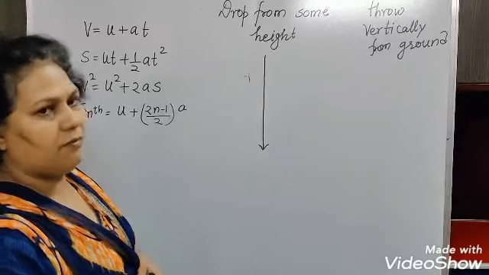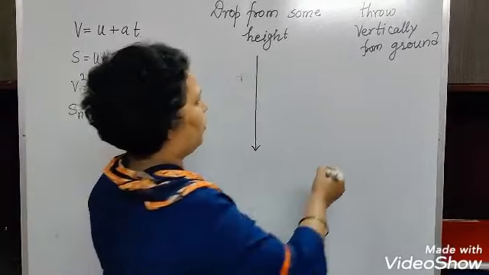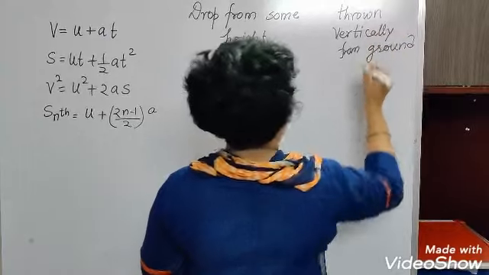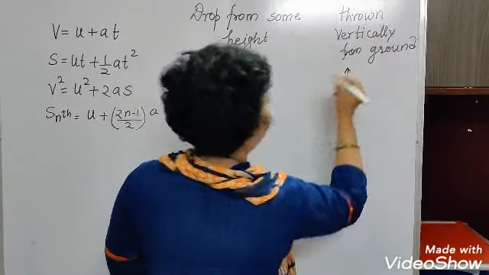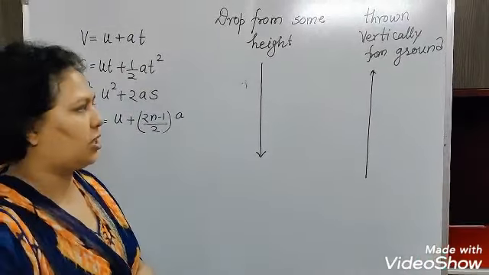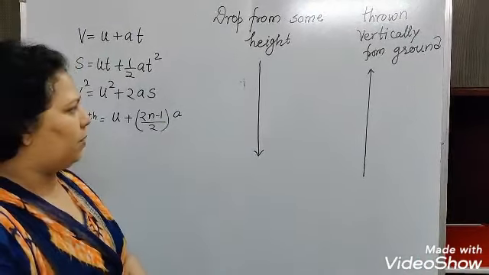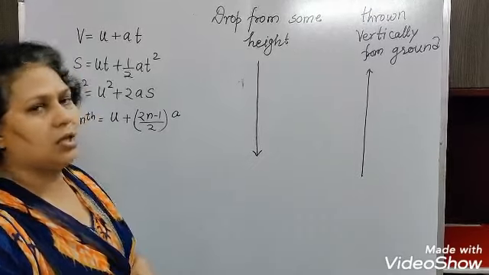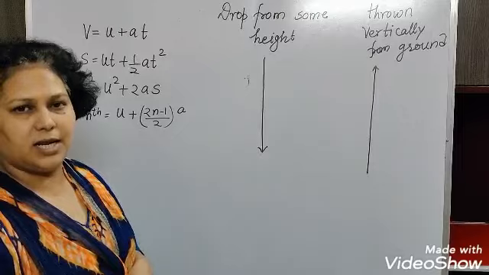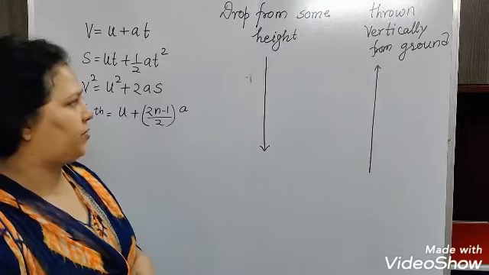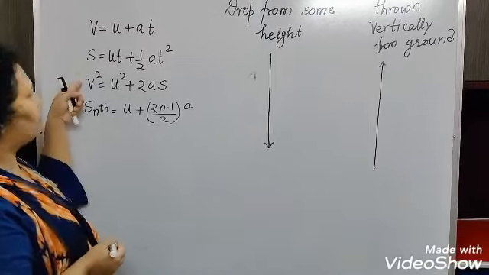Similarly, when an object is thrown from the ground to some height, this is also considered as motion in a straight line. But these two motions are examples of uniformly accelerated motion, in which we apply these three formulas.